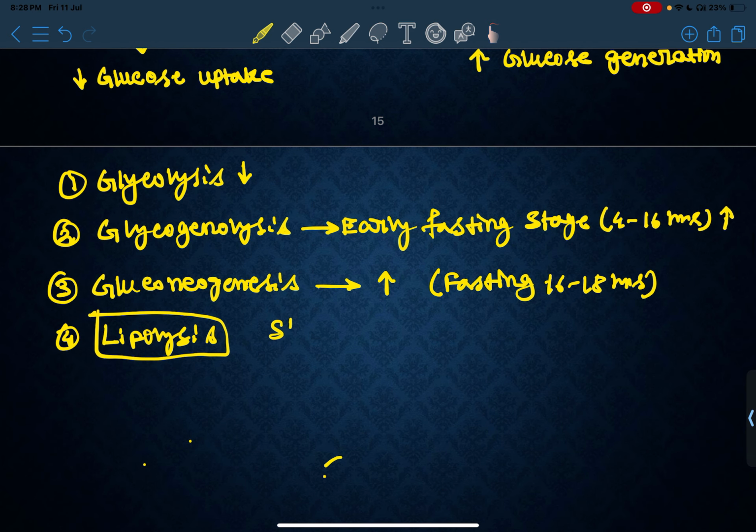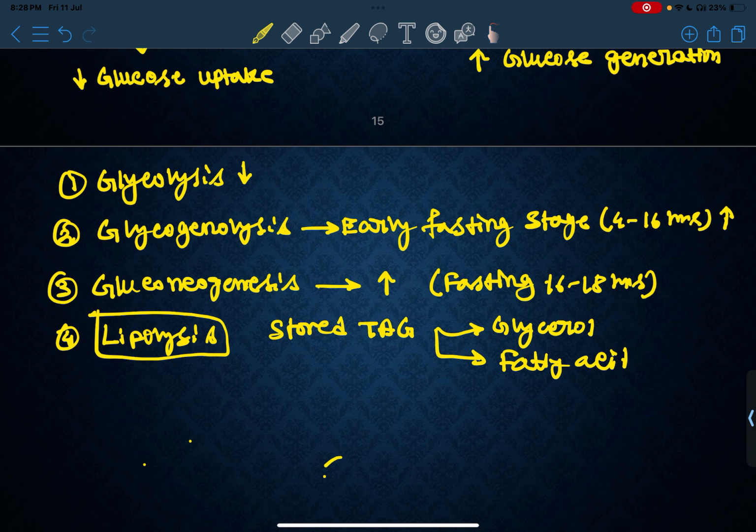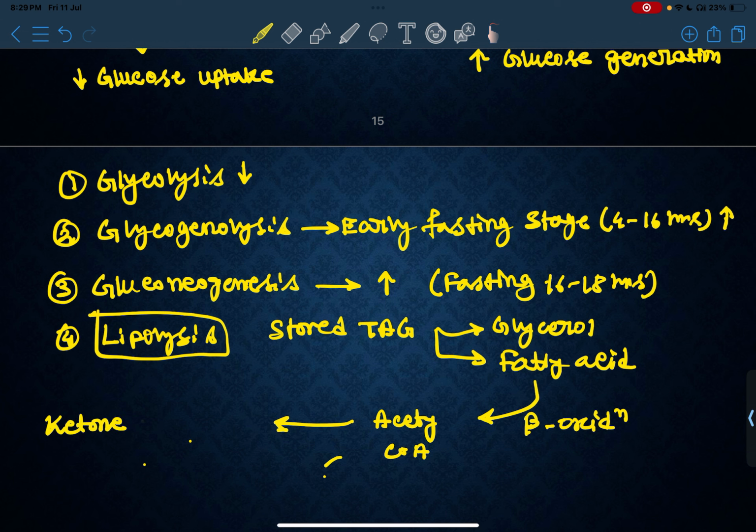So stored triacylglycerol is converted to glycerol and fatty acids. The fatty acids go through beta oxidation and form acetyl coenzyme A. This acetyl coenzyme A forms ketone bodies, which are the metabolic fuel.